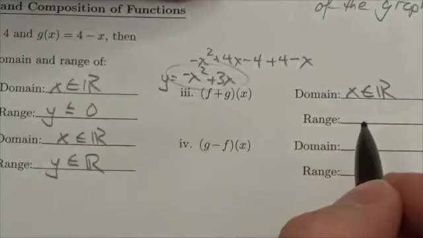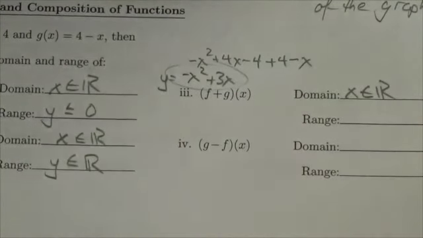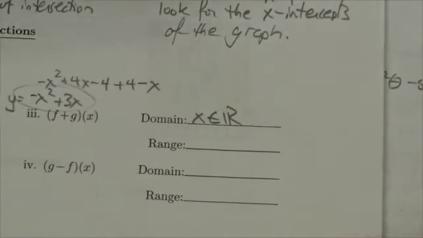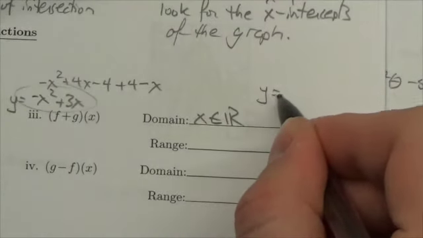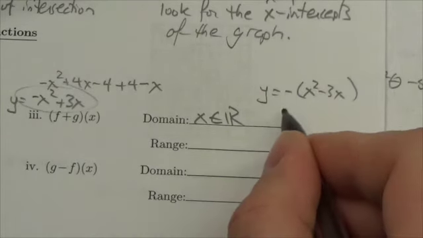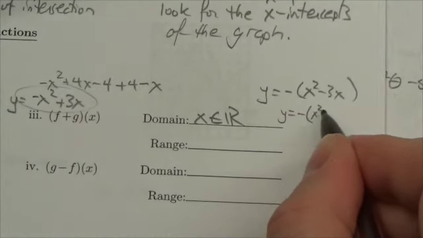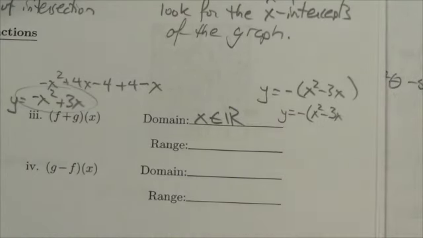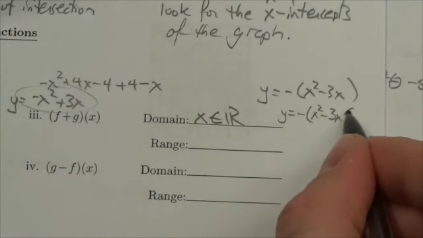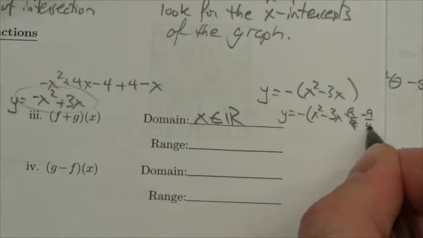So what does this thing look like? Well, let's complete the square on this to see what our vertex is. So y equals, first of all, I'm going to factor out the negative, x squared minus 3x. Then I'll take half of that, 3 over 2, so squared will be 9 over 4, minus 9 over 4.